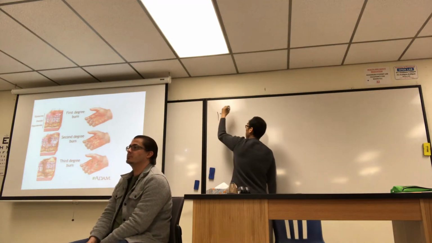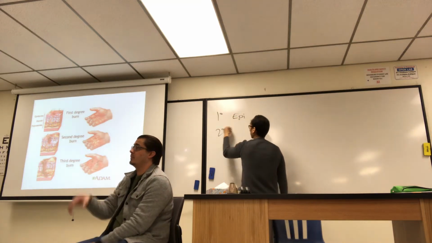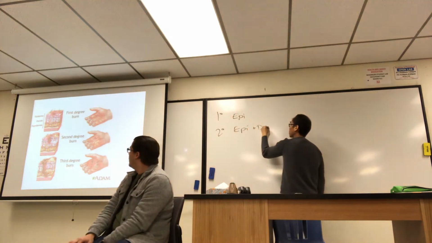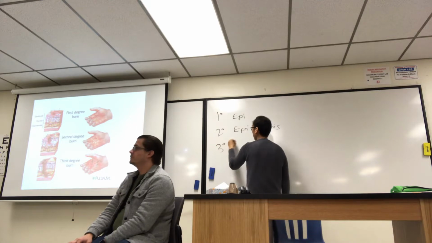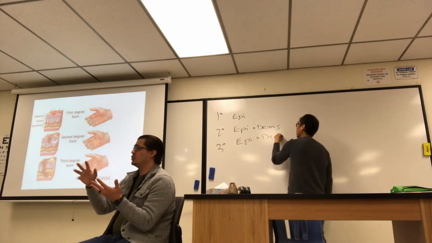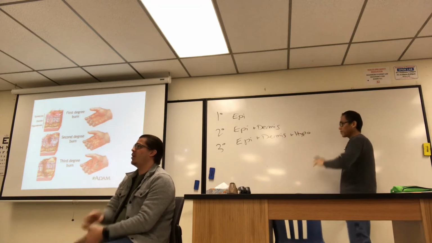So I'll just put this: for first degree, you damage the epidermis. Second degree burn, you damage the epidermis, but also the dermis below. Third degree is all three layers: the epidermis, plus the dermis, plus the hypodermis. All the way down to the muscle, basically.